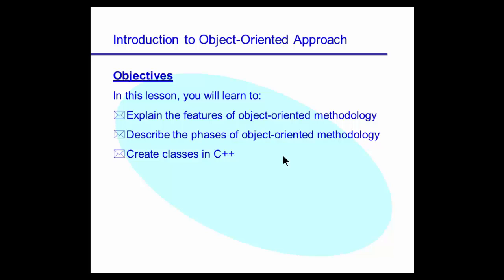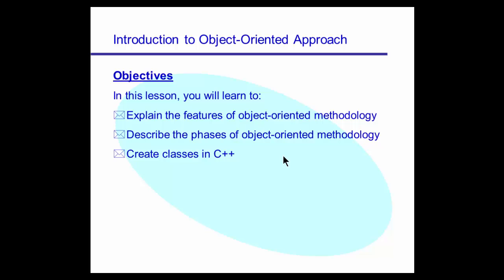First we will look into the various object-oriented features and how OOP, in short form, is going to help us in writing better programs and developing good software. The objectives for today are the various features of object-oriented methodology, the various phases used in object-oriented methodology, and creating small example classes in C++.